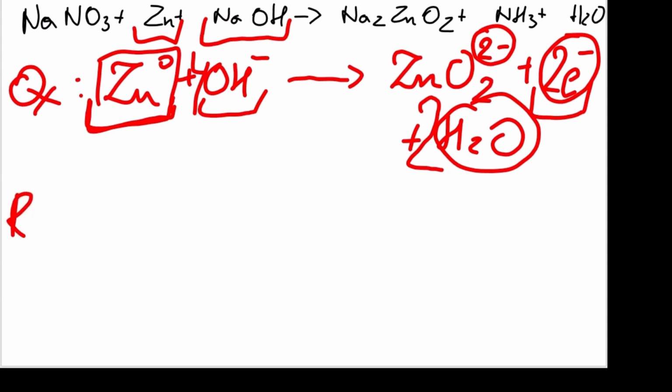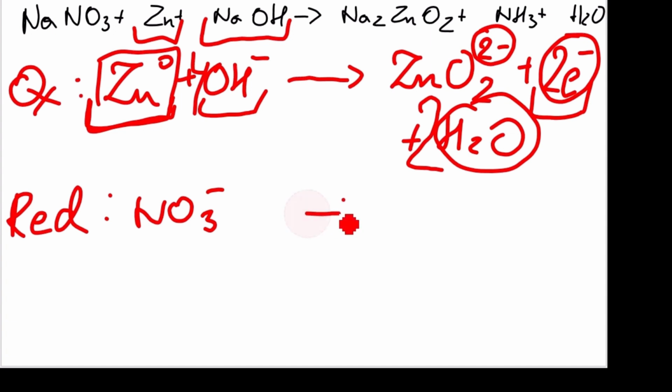What about the reduction? We said that nitrogen is reduced. Nitrogen in this reaction exists in the form of an ion, nitrate anion. I mean, of course, I am considering the left side, the substrate.